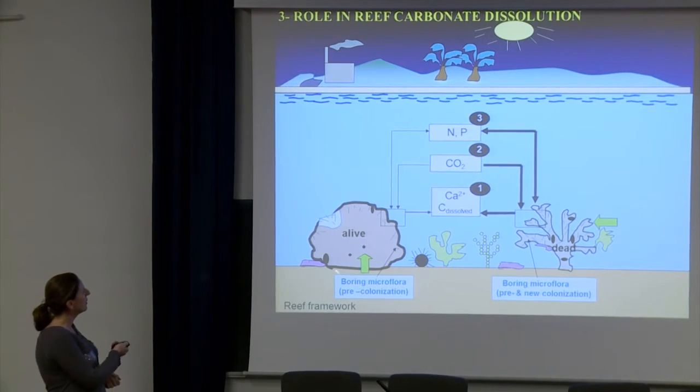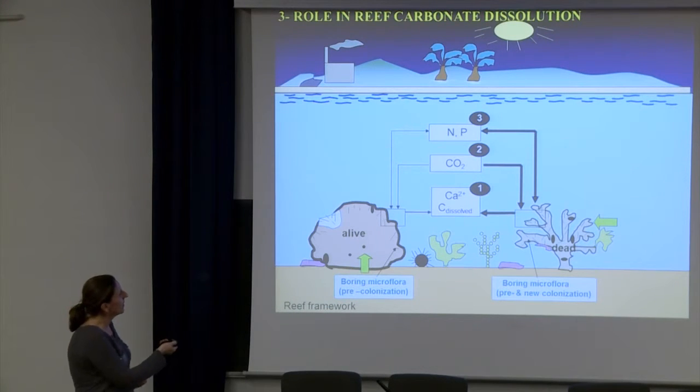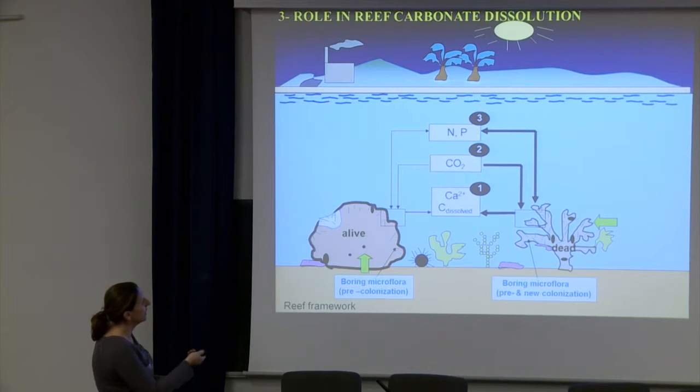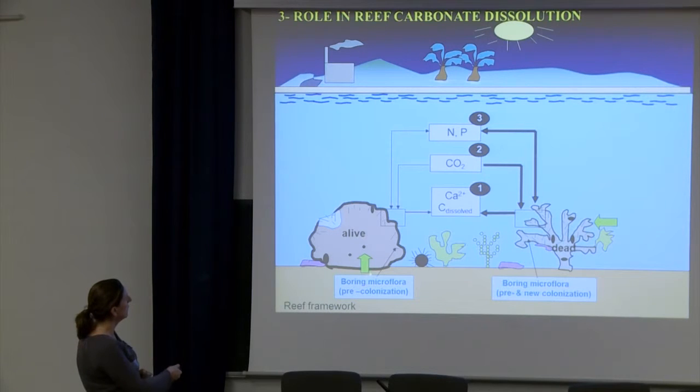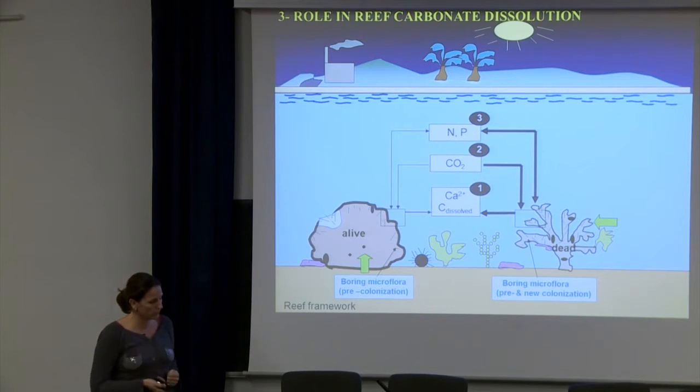I'm showing you a live colony of coral where boring microflora would be near the surface, just below the coral tissue. And here is a dead coral colony, where colonization is taking place from outside inside, while here it's probably starting from the substrate of fixation going inside and keeps growing with the growth of the coral.